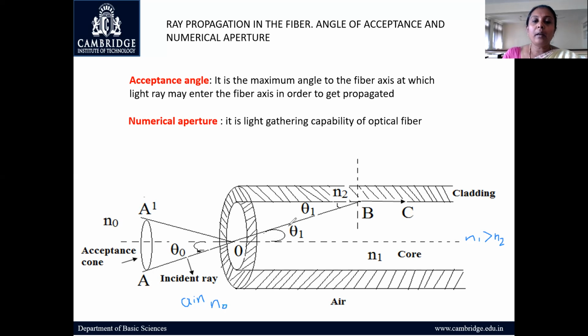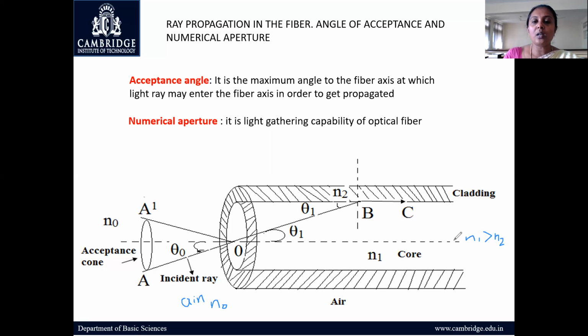The refracted ray falls at the boundary between the two mediums, the core and the cladding, at B. After that, the ray of light should be reflected back into the same medium to achieve total internal reflection.